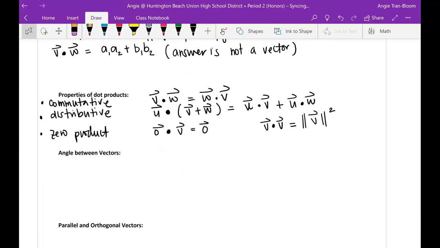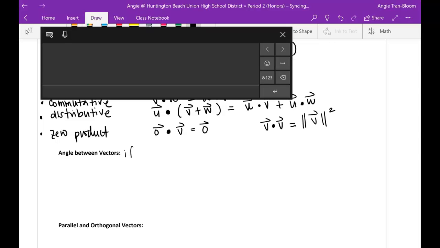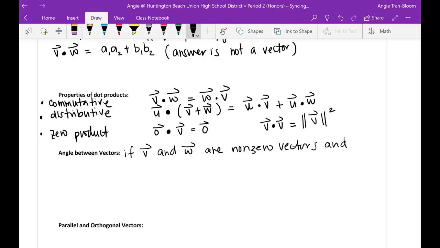Okay, angle between the vectors. So if vector v and vector w are non-zero vectors, comma, the angle, let's call it theta, and the restriction for theta again is between 0 degrees and 360 degrees.